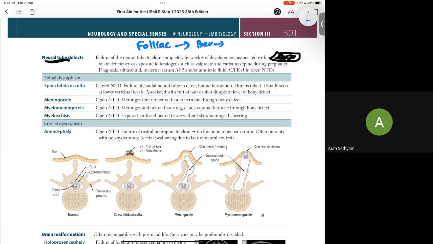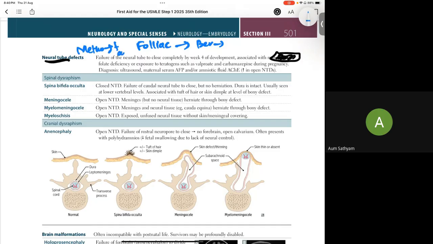Is it clear? So let's suppose if a female is taking methotrexate. Do you guys remember the methotrexate we discussed in immunology in detail? Yes, trimethoprim sulfate and methotrexate. Who is going to be telling me about methotrexate?